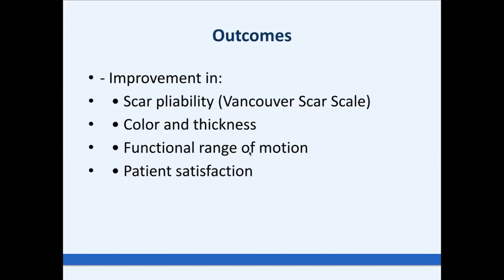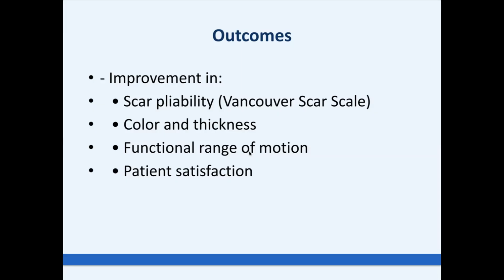Next slide. Outcomes: improvement in scar pliability. We use the Vancouver Scar Scale, a scale we can use to assess what is better with scars after CO₂ laser, and we rely on this scale.